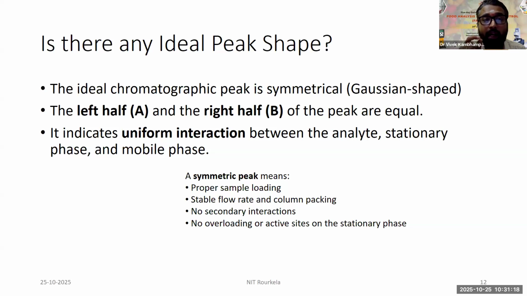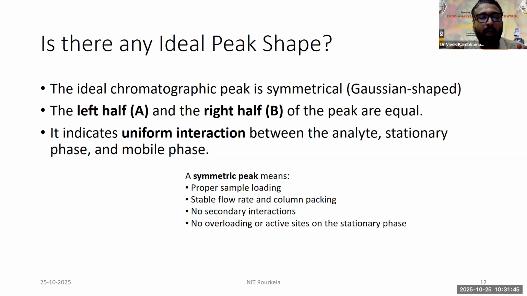But again, resolution is also very much important. What is the clarity of the peak that you are getting? Based on that, you can identify. Symmetric peak means what? Proper sample loading: you properly loaded the sample, the required quantity of the sample is loaded. Stable flow rate: you optimize the flow rate, maybe 0.1 ml per hour or 0.2 ml per hour.